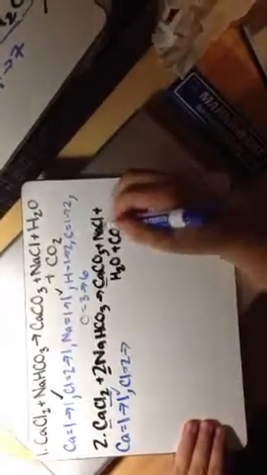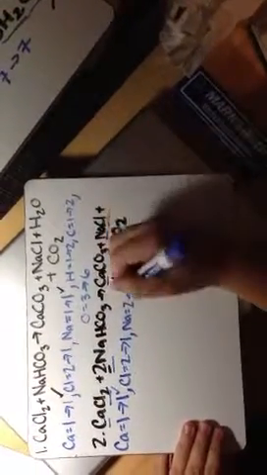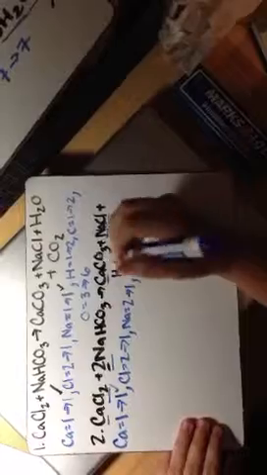For Cl, we've got 2 to 1, so that still needs to be fixed. Na is now 2 to 1, so that's changed.